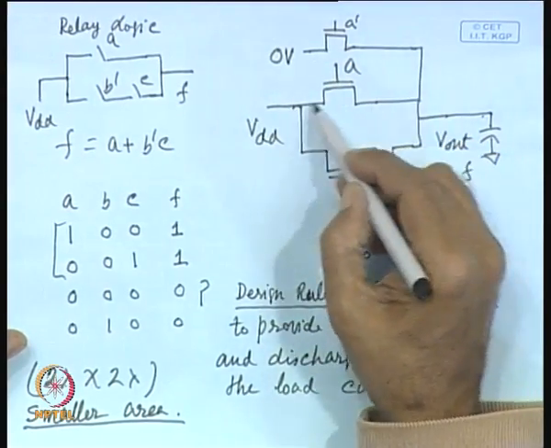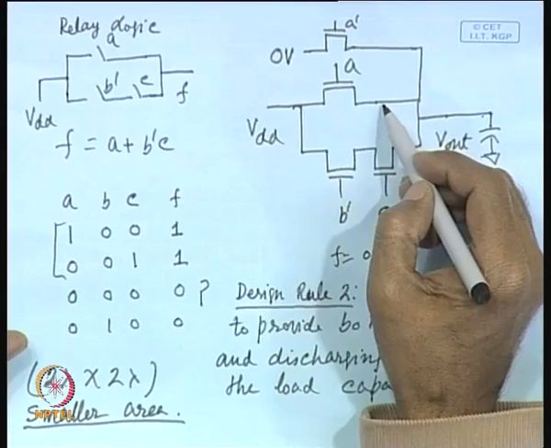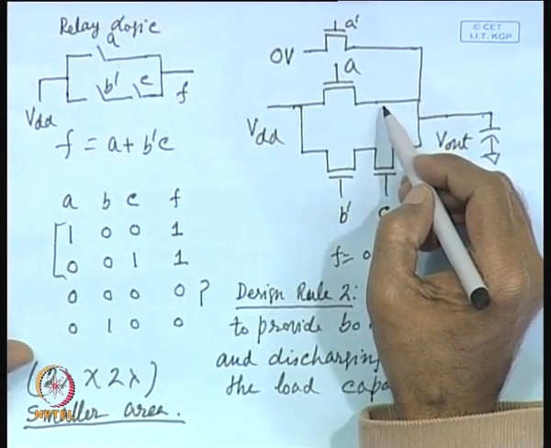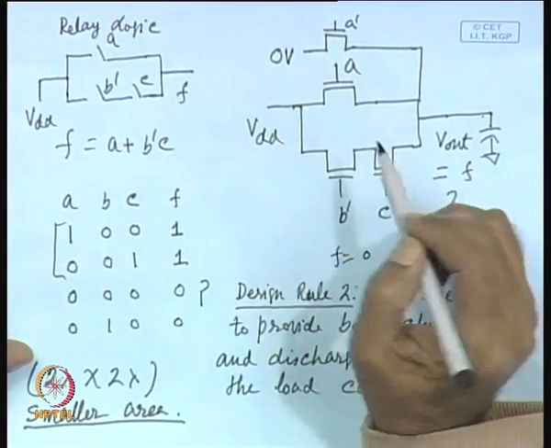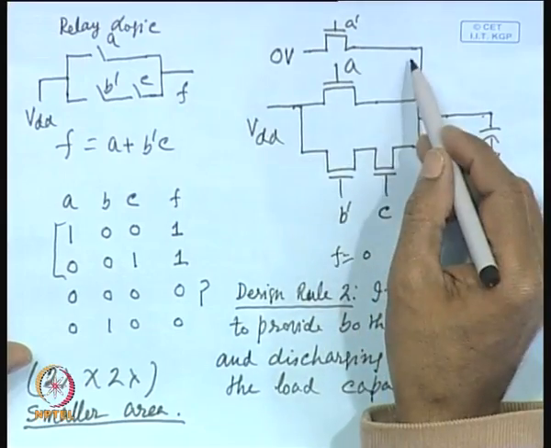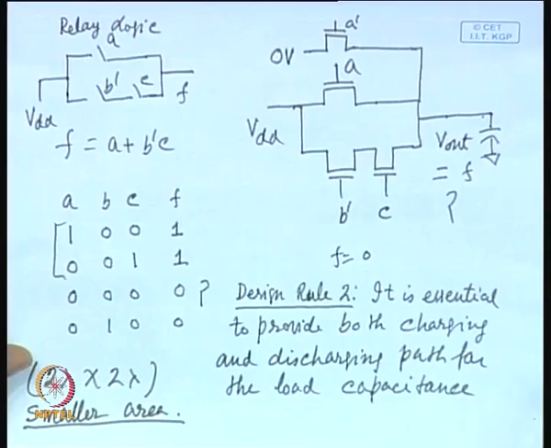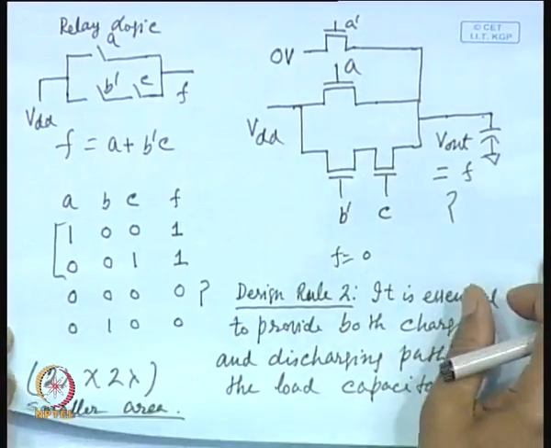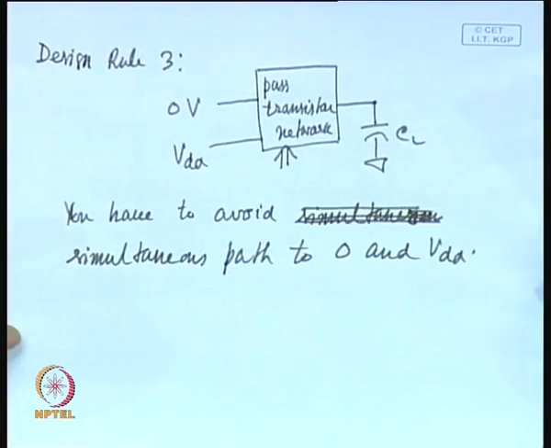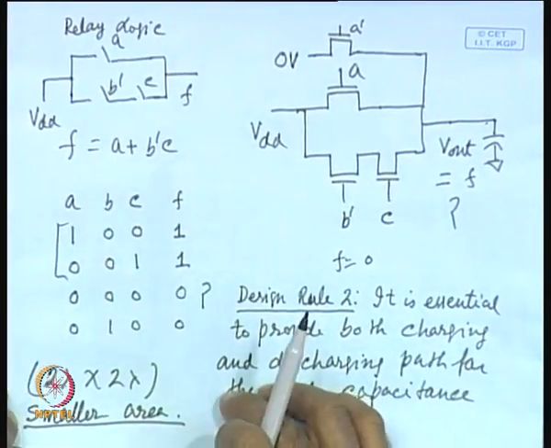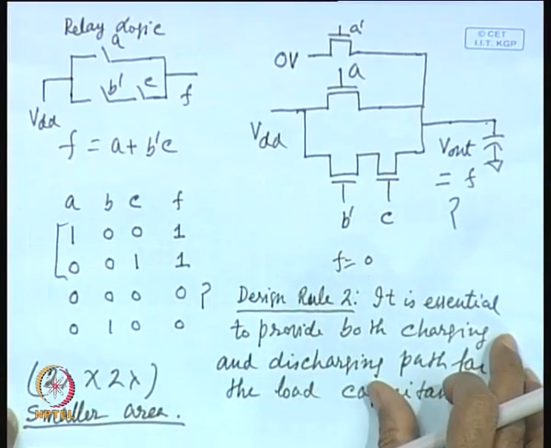As a result, it will never lead to short circuit power dissipation. We know that short circuit power dissipation occurs because there is a path from VDD to ground, but here that kind of path will never be established. Of course, this will happen only if we follow design rule 3. If we do not follow it, then this problem may arise, but you have to follow design rule 3 whenever you are realizing circuits using fast transistor logic.